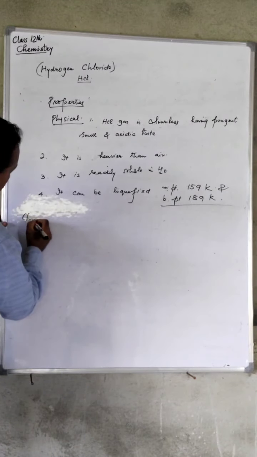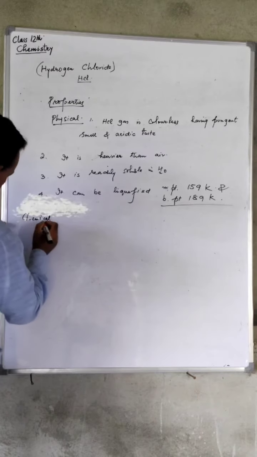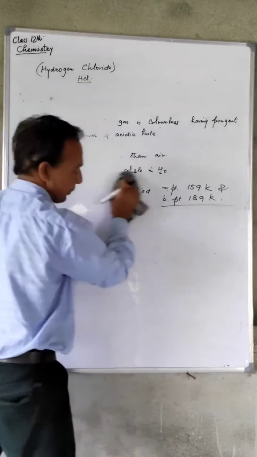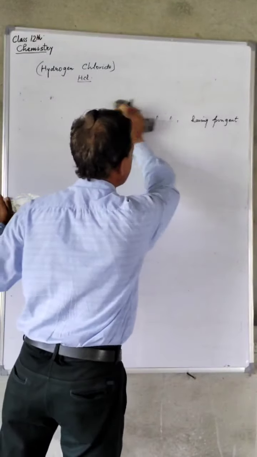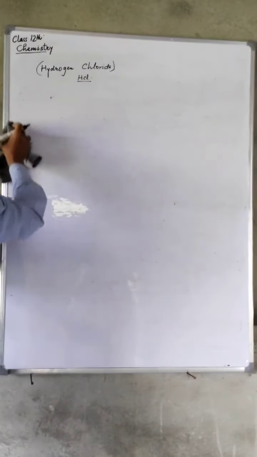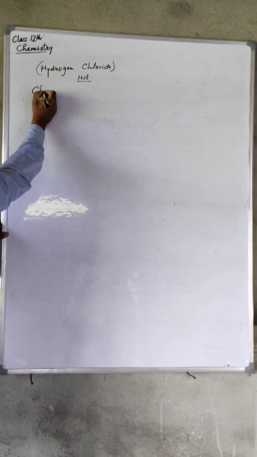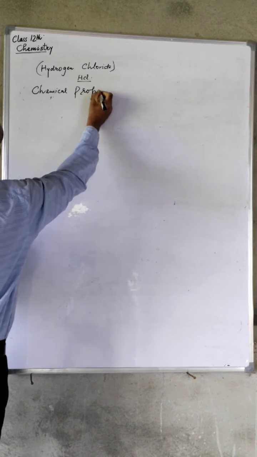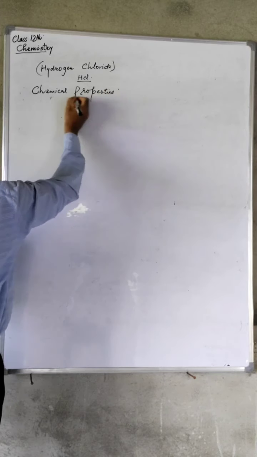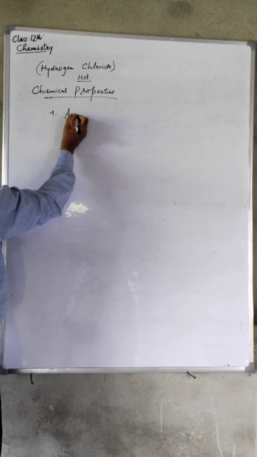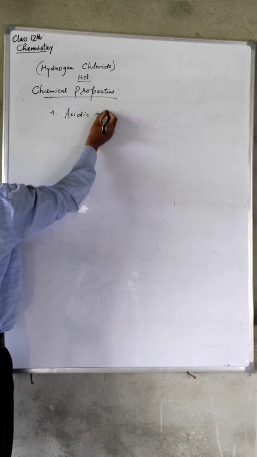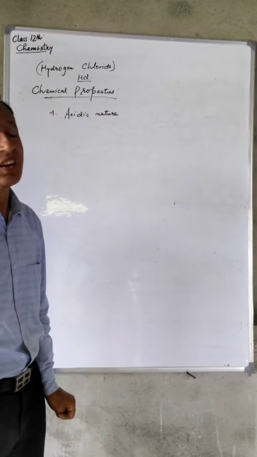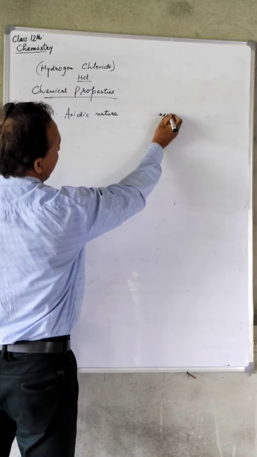Now, chemical properties. Number one, acidic nature. Dry hydrogen chloride is neutral in appearance.